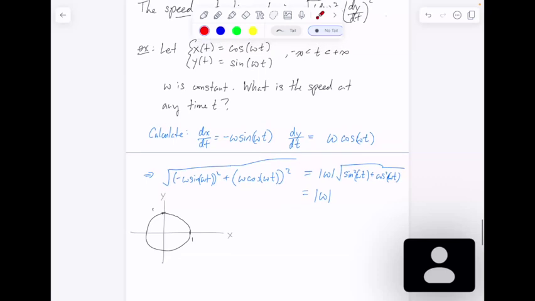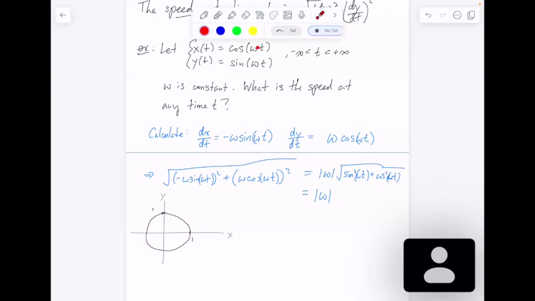Because as we saw last time, by different means, just by calculating what these points are, cosine t and sine t is a different parameterization than cosine t and minus sine t, right? Sine of minus t is the same thing as minus sine t. Minus sine t gets you a clockwise, sine t gets you counterclockwise.